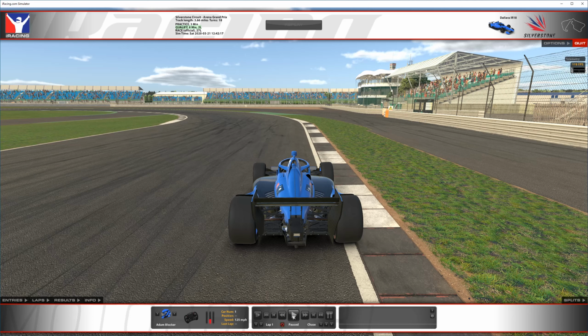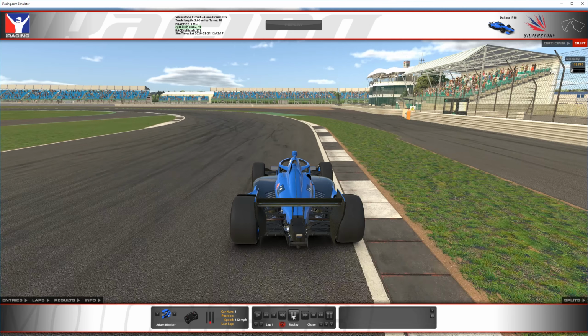So dampers and maybe things like spring rate, because spring rate also affects damping, are important. But yeah, that's the next phase of the corner.